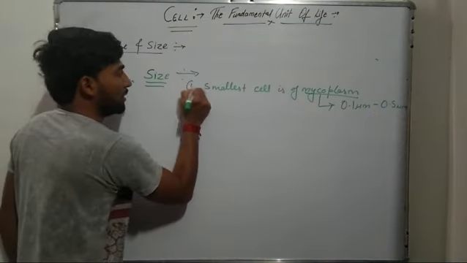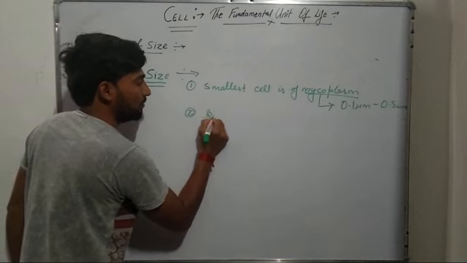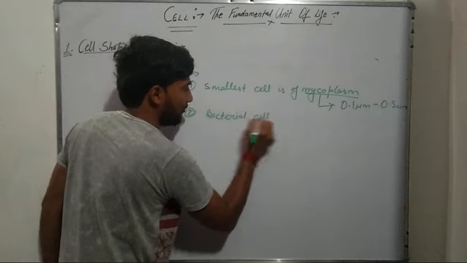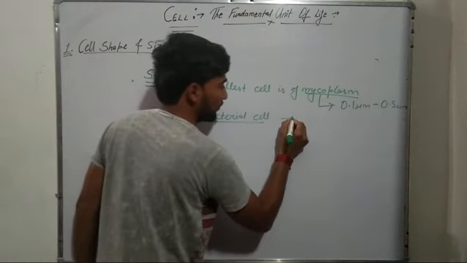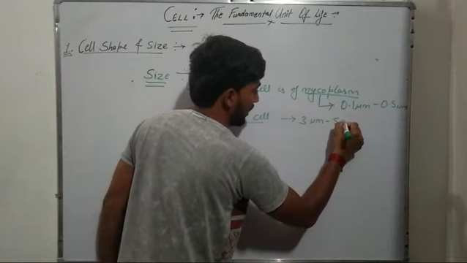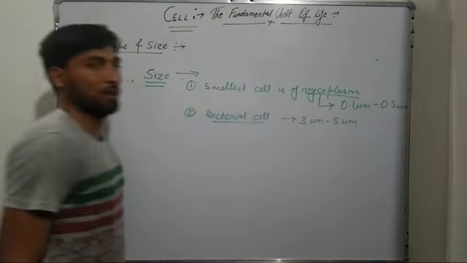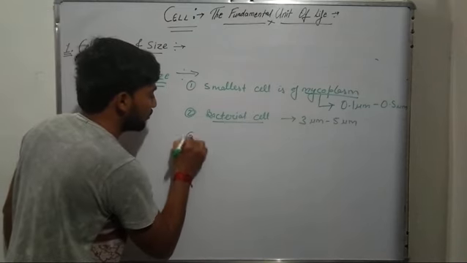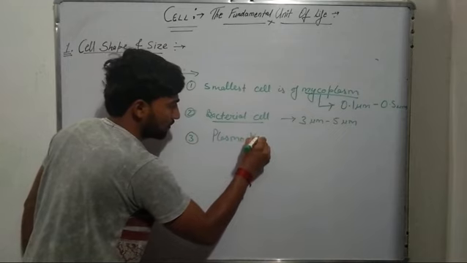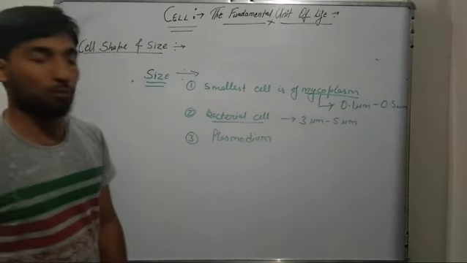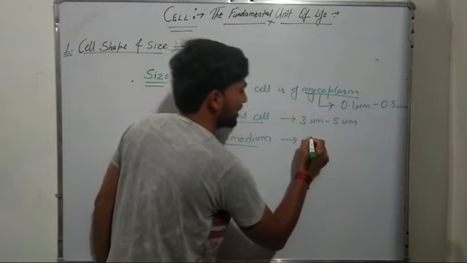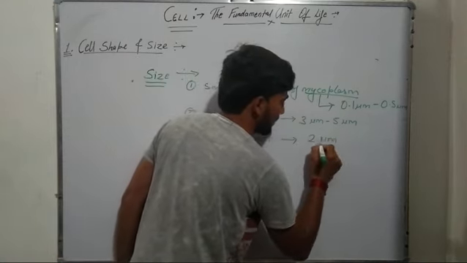Another example is the bacterial cell. The bacterial cell varies in size from 3 micrometers to 5 micrometers. Another example is the plasmodial cell, that is Plasmodium. This Plasmodium is near about 2 micrometers in size.